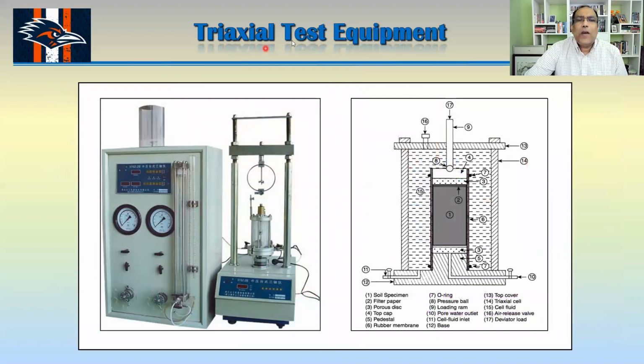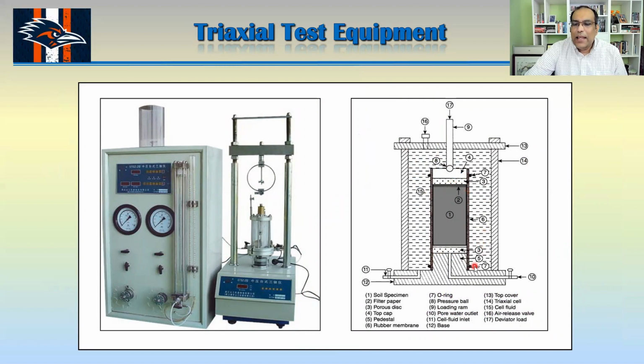Now this is a triaxial test instrument. You control the cell pressure and you can apply the pressure from there. This is the diagram of the triaxial cell. You can see this is a porous stone, this is your specimen here, and there is another porous stone here.